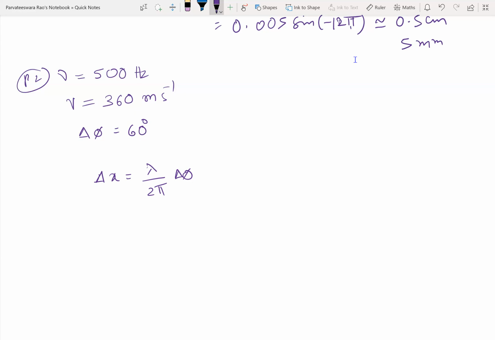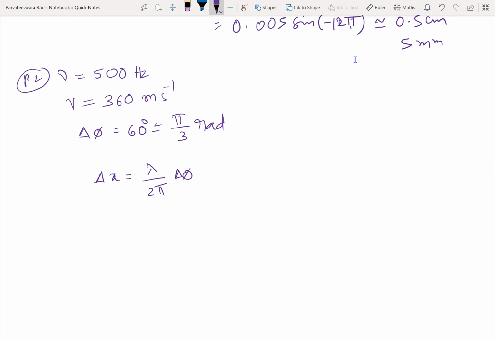No, no. Delta x is equal to lambda by 2 pi into delta phi. If you want delta phi, it is 2 pi by lambda into delta x. So here 60 degrees means pi by 3 radians. Correct?